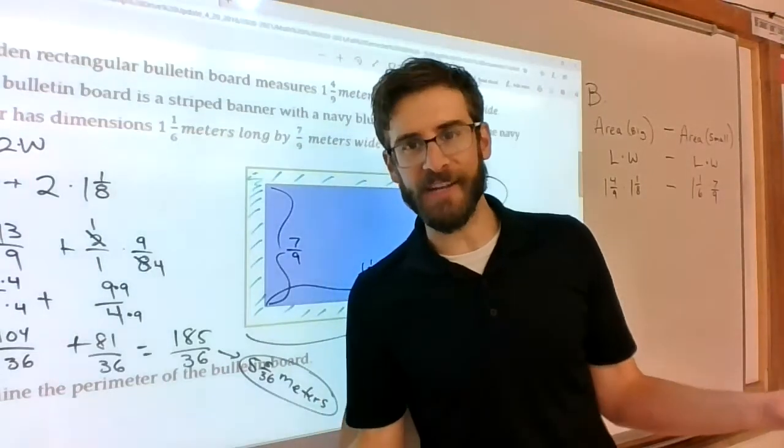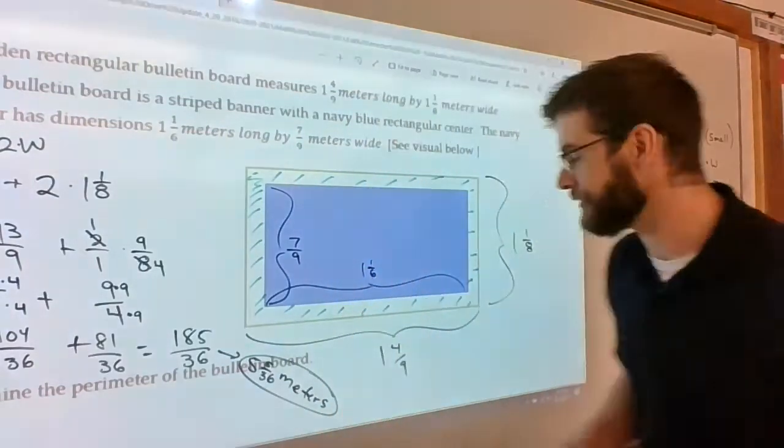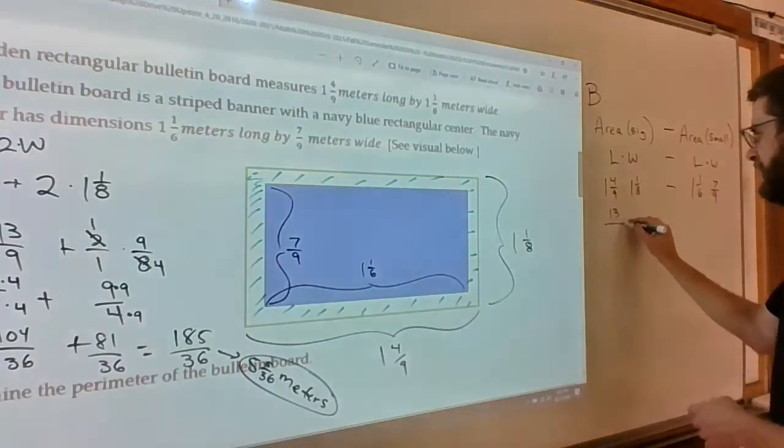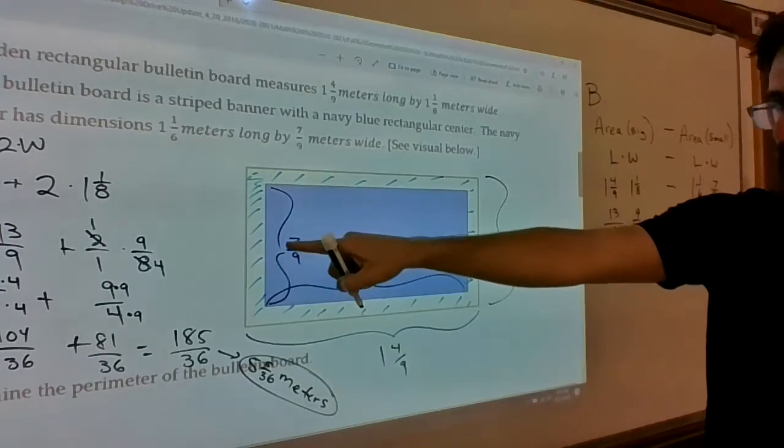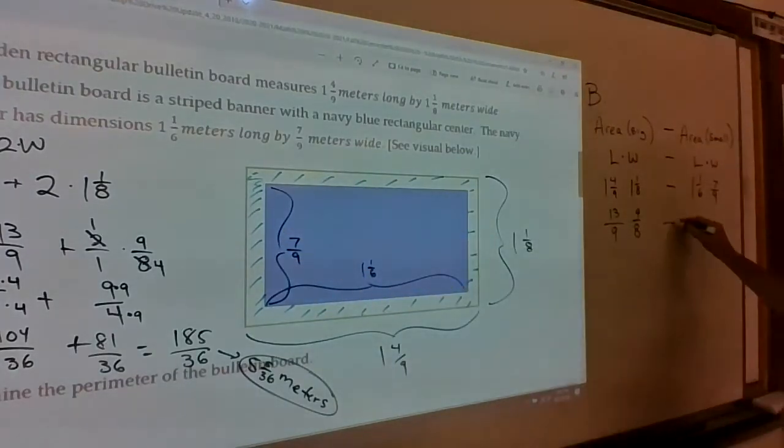Well, we have mixed numbers. Turn them into fractions first. So this was 13 over 9 times 9 over 8. I remember that from the previous example. This one's going to be 7/6 times 7 over 9. I just turned 1 1/6 into 7/6 by multiplying 1 times 6 and then adding 1.